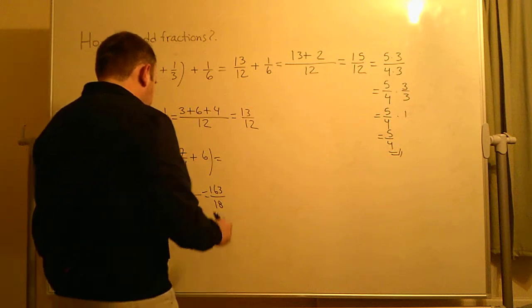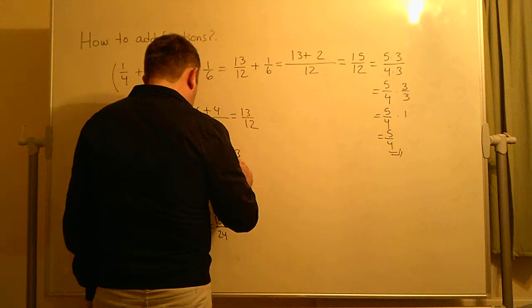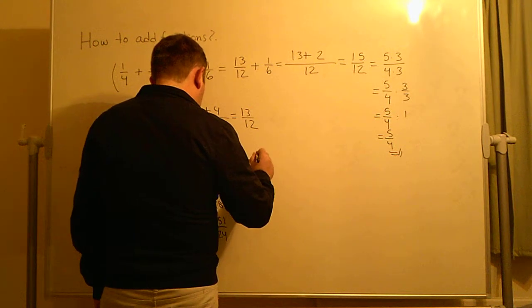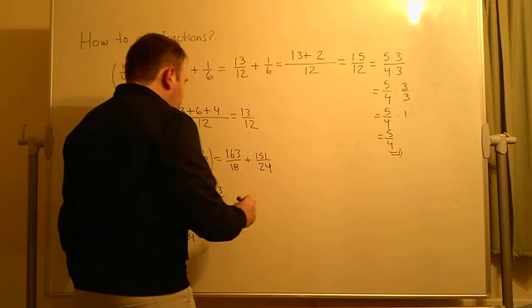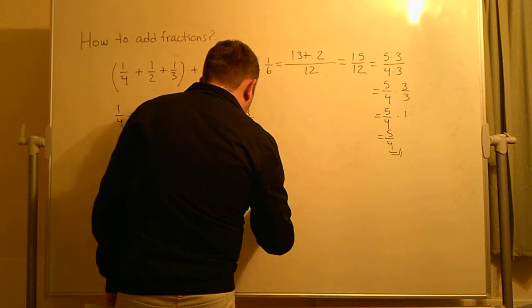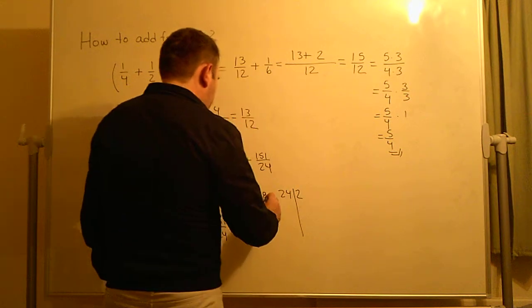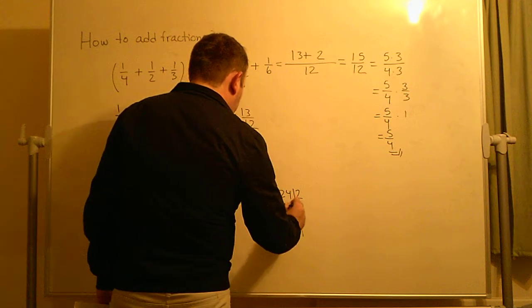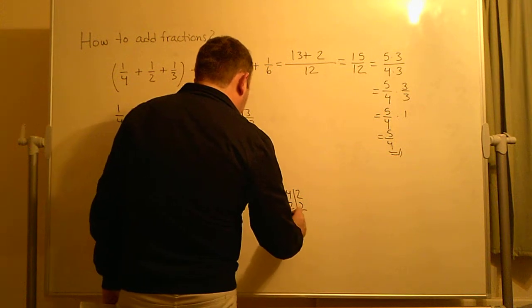So now we need to add them up. Then we need to use the least common multiple again. We start with 2, then this will be 9 and 12. Again, divide by 2, and we will have 9, and then we will have 6.